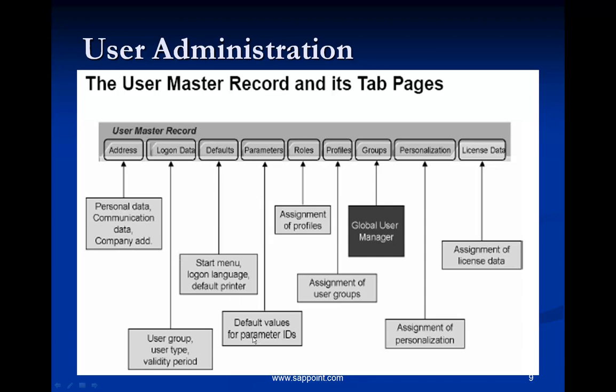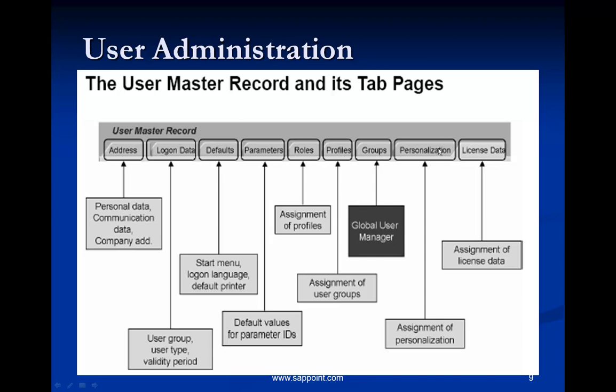Parameters: default values for parameter IDs. We will see all these tabs and understand what they contain in detail. In the roles tab, you assign the roles, which dictate what a user can do within the system. Then you have the user groups that the user would belong to.